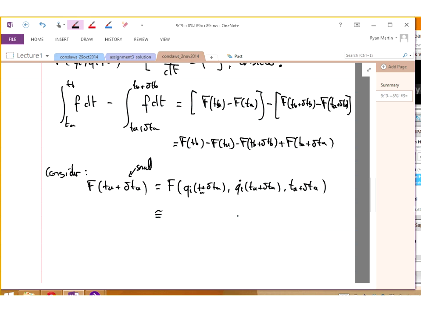plus the total derivative dF by dt times delta Ta. All right. In the notes, I expanded the dF by dt using the chain rule, but I don't know why I did that in the notes, because in the end you really just need the total derivative. Okay, so that's just the Taylor series plus terms that are small.